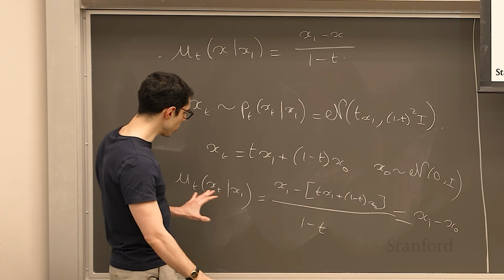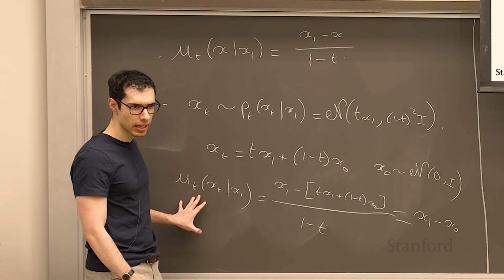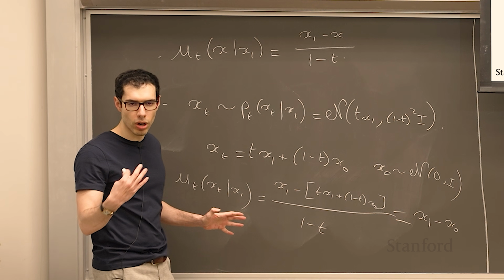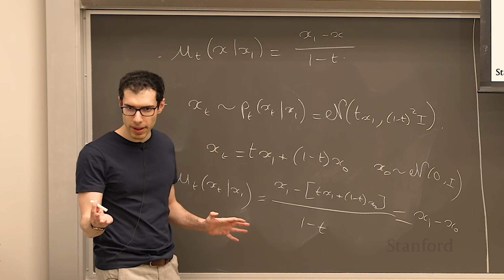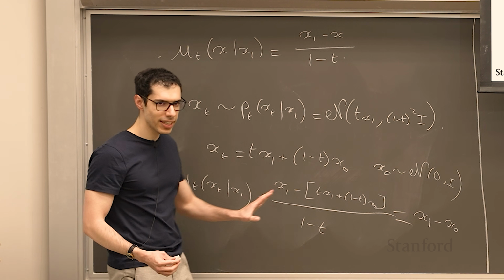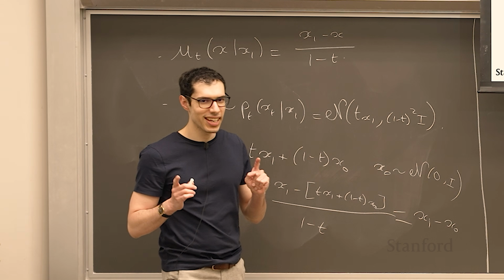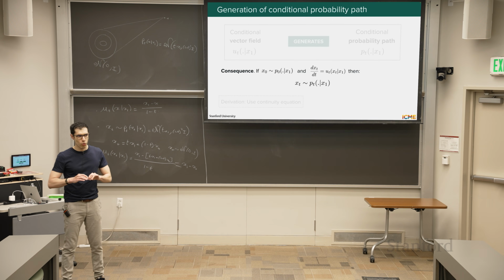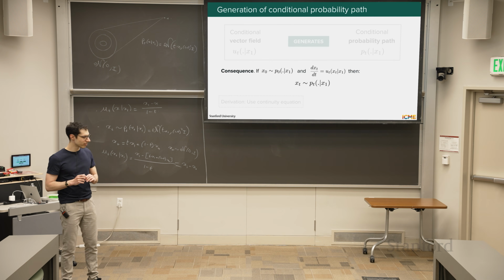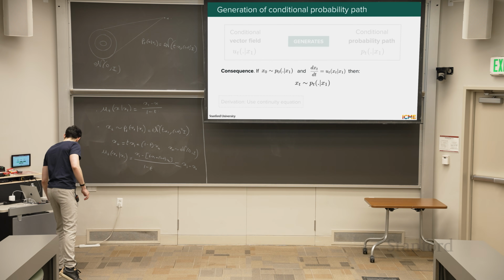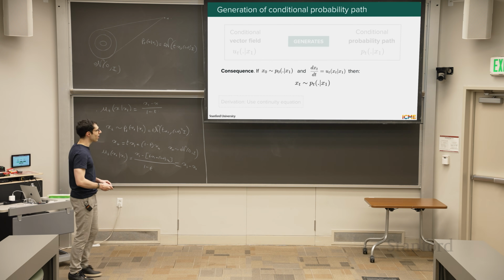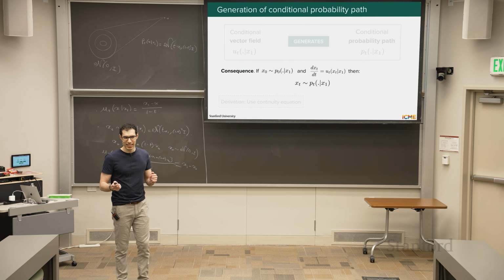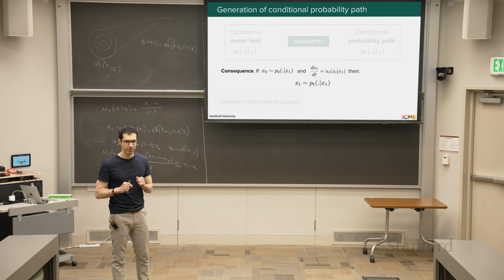The conditional vector field for xt, which is drawn from a conditional probability path, is nothing else than x1 minus x0, which is very nice. So why is it very nice? Well, it's tractable, and it's going to be useful for us.